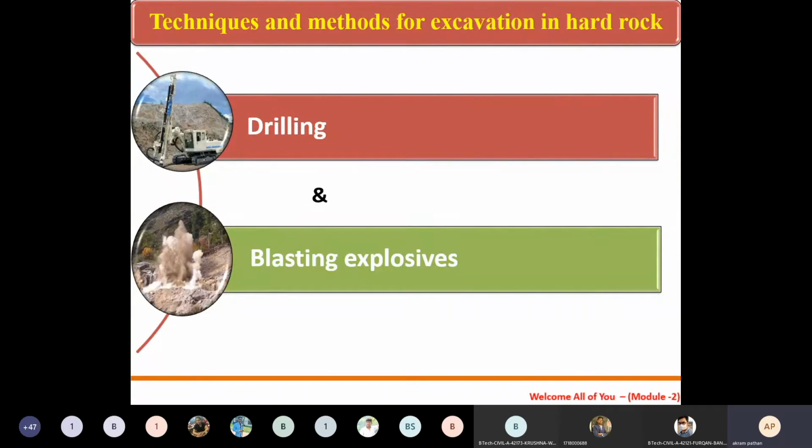Rock may be soft or murum, right? That is the area where we can apply rippers. But in case of hard rock, rippers are not suitable. So we drill holes in the rock, and we blast it with the help of certain detonators, and those detonators are made up of certain chemicals, right?